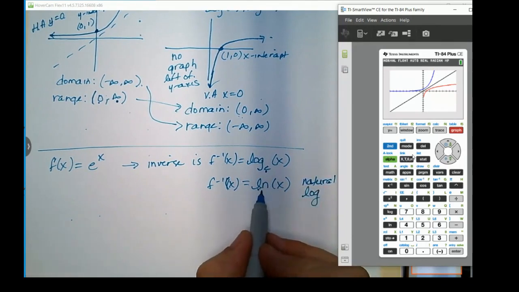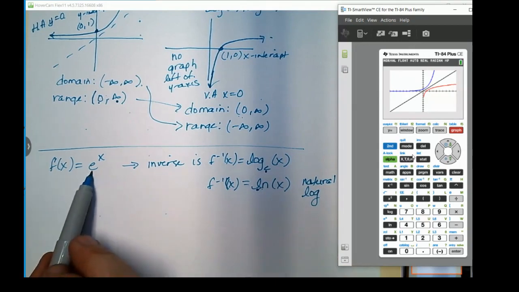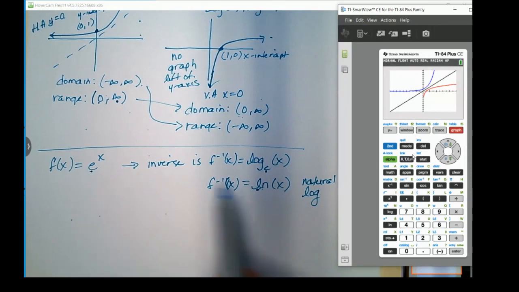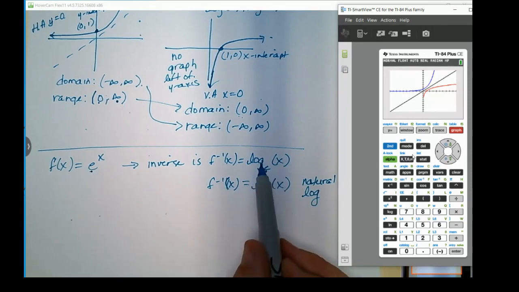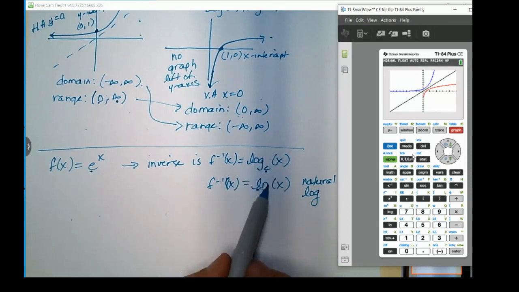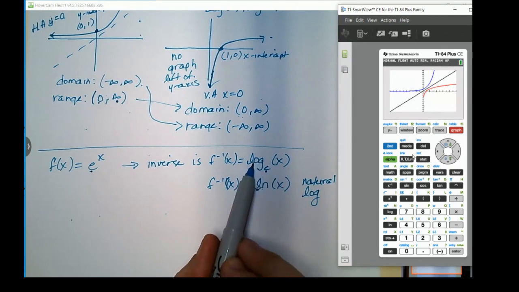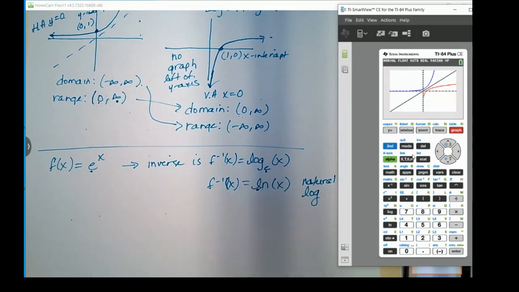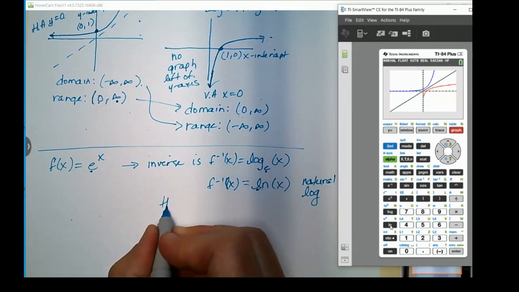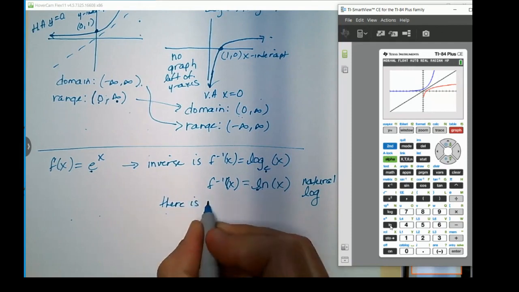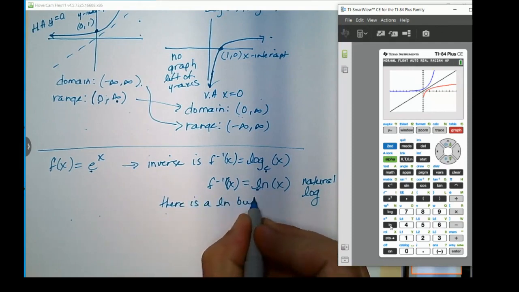So if you see this, then you automatically know it's the inverse of the exponential function with a base of e. And a lot of times with what we do in this unit, it might be easier for you in certain cases if you just rewrite this as the log base e. It also has a specific button on your calculator because we use it so much. If you look at your calculator, you'll see that there is an LN button.